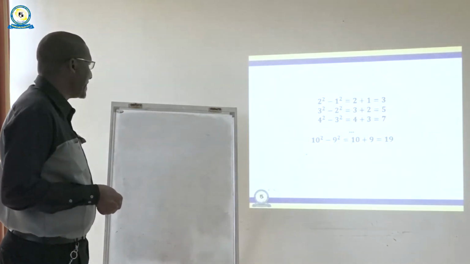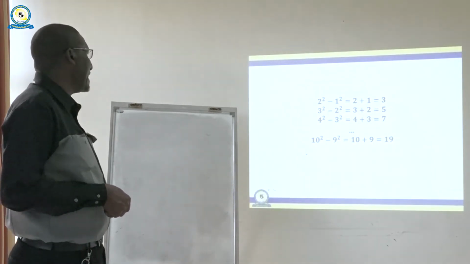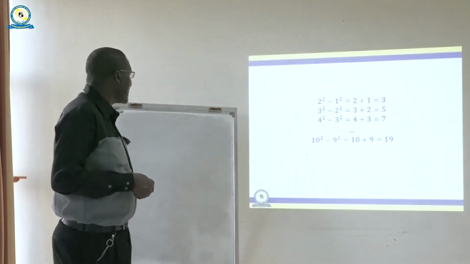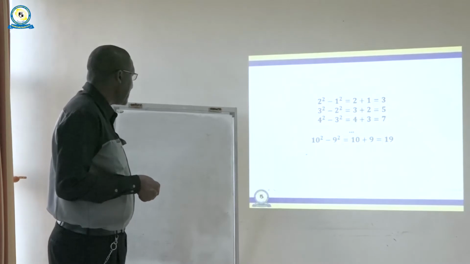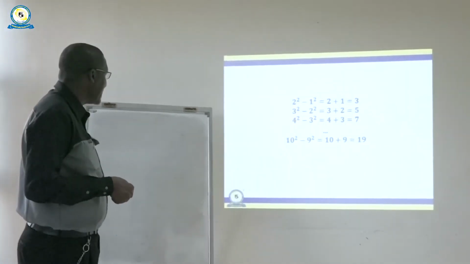Up to 10 squared minus 9 squared equals 10 plus 9 equals 19. Actually, here you may find that the first number differs from the second one by 1. Just as 3 differs from 2 by 1, each by 1.